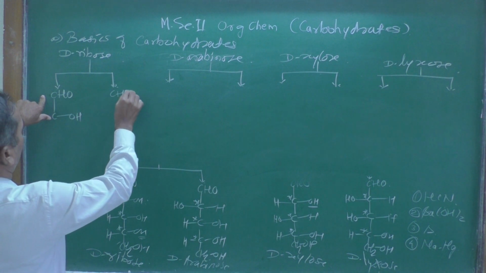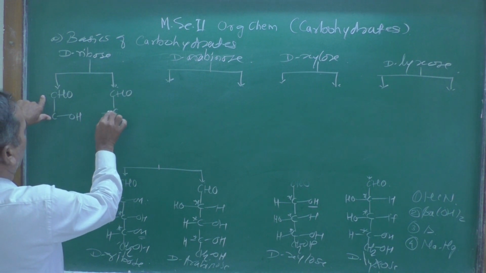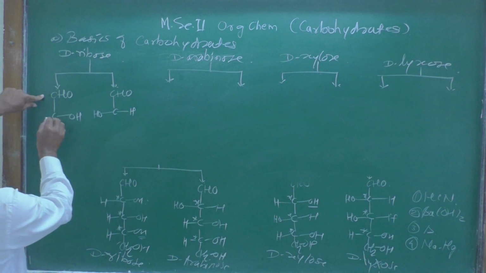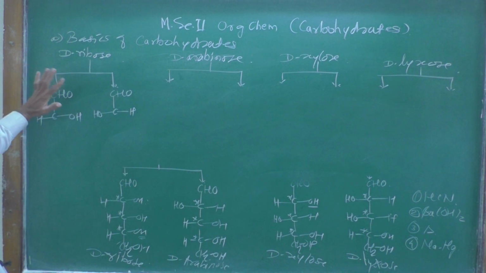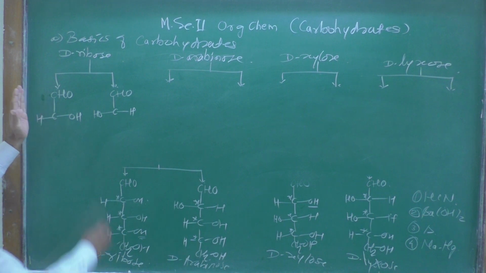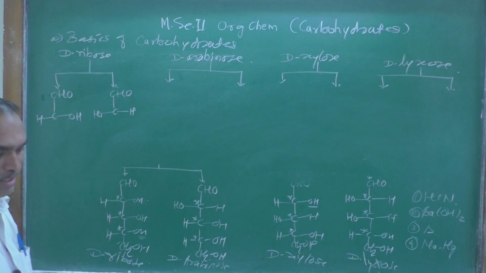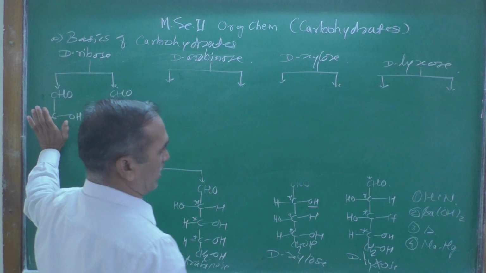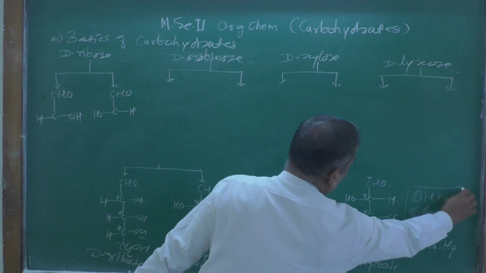Here also, CHO, look at here, I am going to put a hydroxy group on the left hand side. So this is the first part. Remember, this is a very, very important part which we are getting by adding all these things.